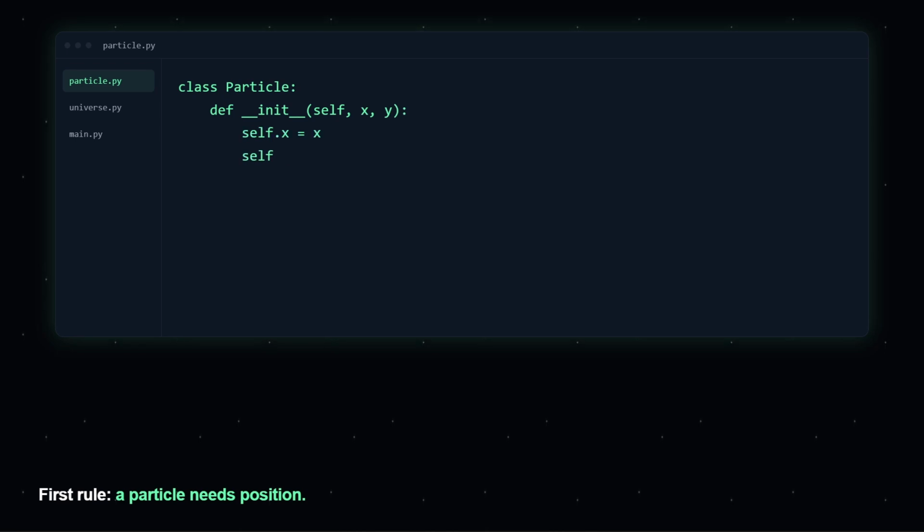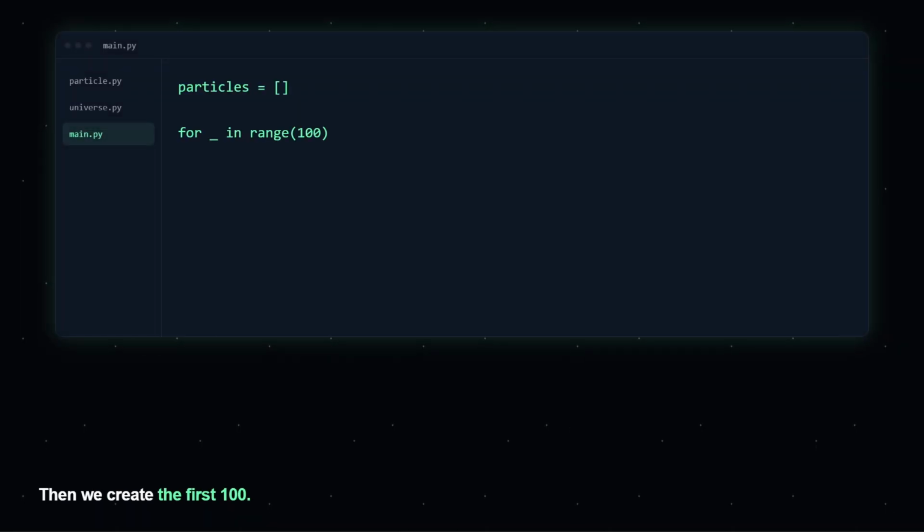Every particle needs a position, an x coordinate, and a y coordinate. One particle doesn't look like much, so let's create 100 and let them exist together.